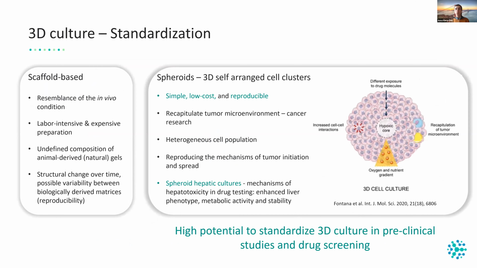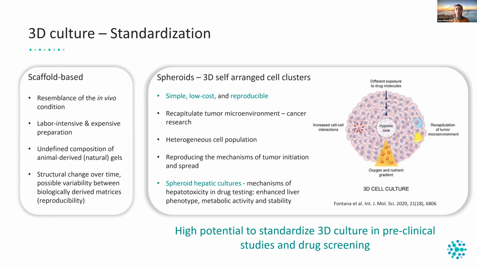So what kind of 3D culture has the potential to be a standard assay in cell culture? If we have a look at the scaffold-based 3D culture, these model systems resemble the in vivo condition very nicely. They have this extracellular matrix, but the production of such scaffolds is labor intensive and expensive in preparation.